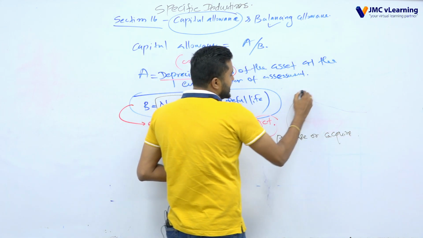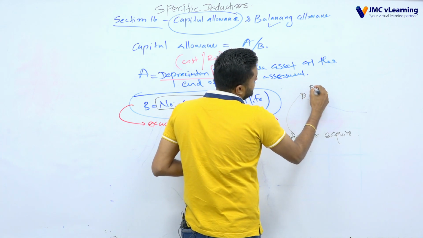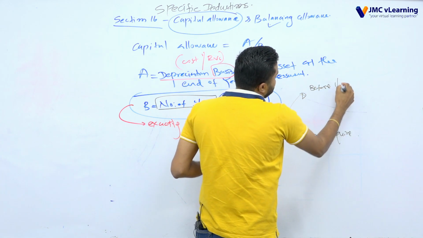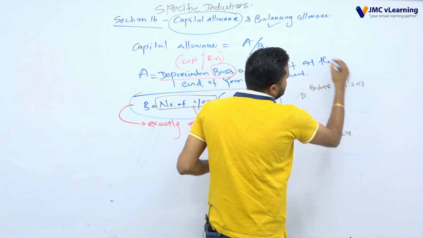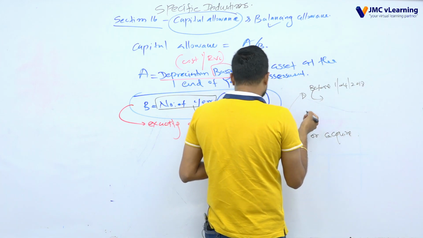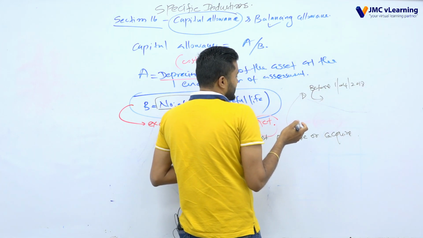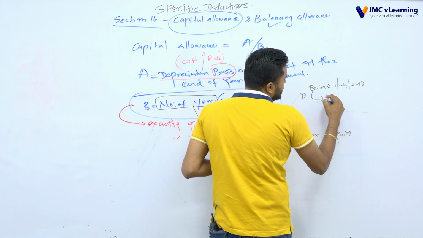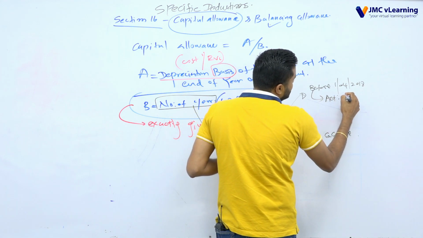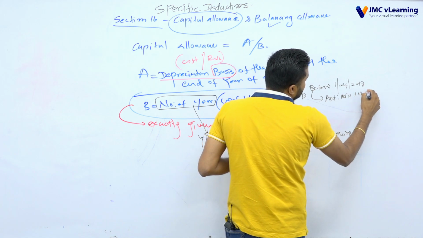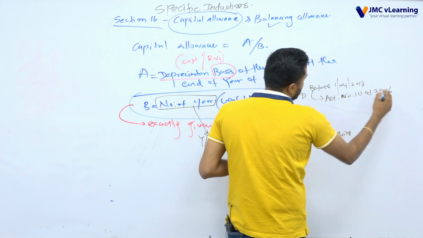If that particular asset was acquired before 1st April 2018, you have to follow the number of years given in the old Act number 10 of 2006.